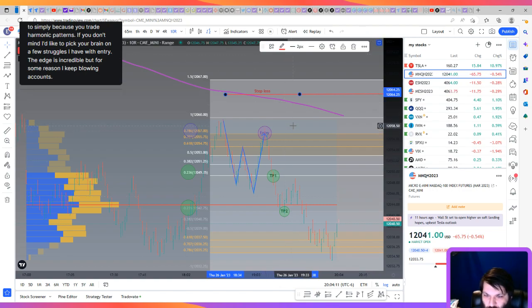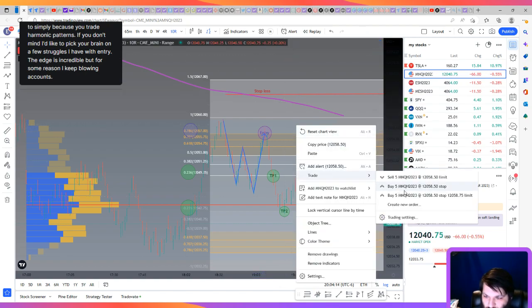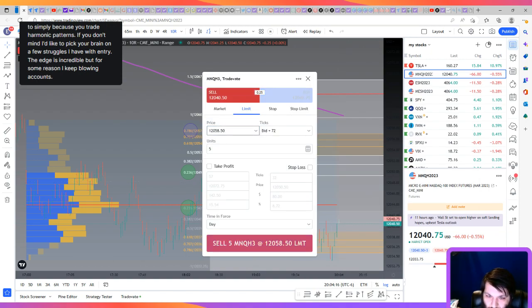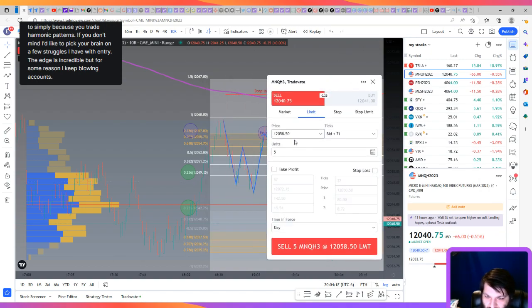Now, to show you what I mean, let's pretend we're doing a trade. So let's just say we're taking our trade at 57, and our take profit is 42.75 down here.